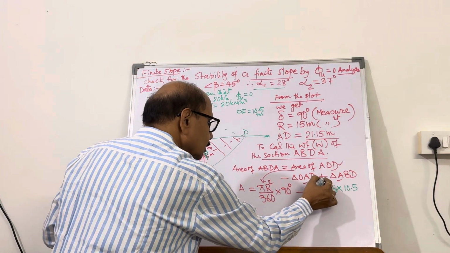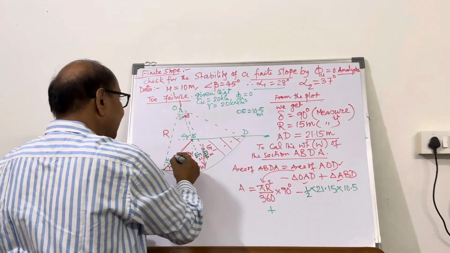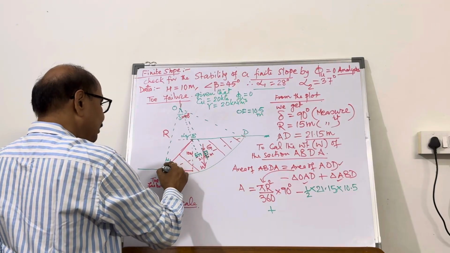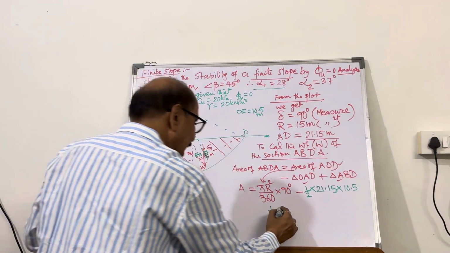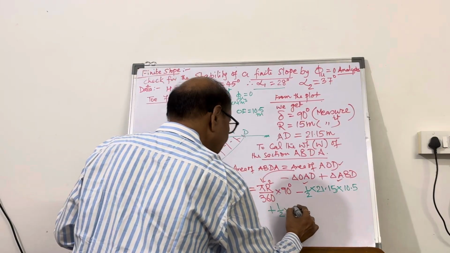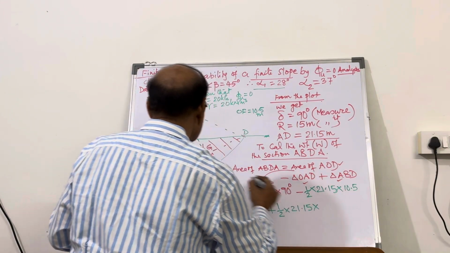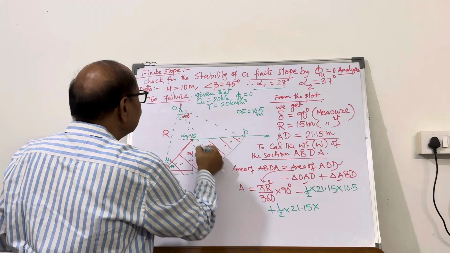plus this quantity, the last one, the triangle ABD will be half into base 21.15 multiplied by BE.